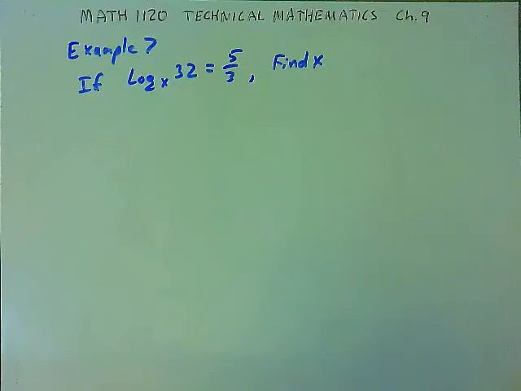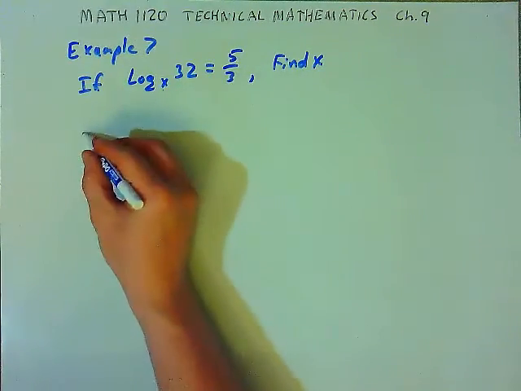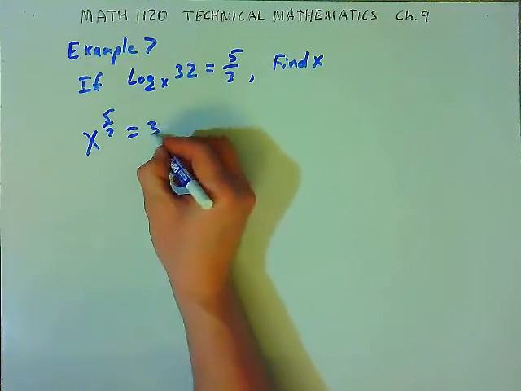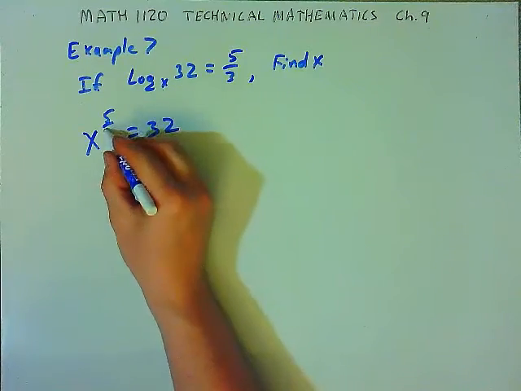Example 7 says if log base x of 32 equals 5/3, then find x. And again, this is going to be easiest to change this into an exponential form first. This is the same thing as saying that x to the 5/3 power is equal to 32. So I've just rearranged the values here to give me the exponential form.